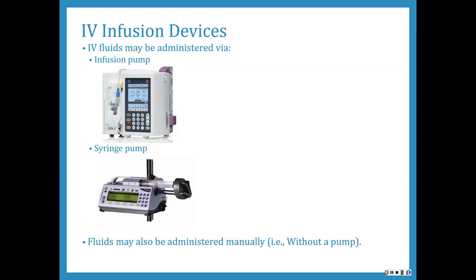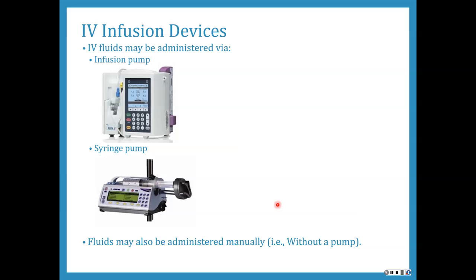The bottom is an example of a syringe pump, and we use this in the nursery all the time when we give amp and gent for a baby that's got an infection. So it's used for a smaller amount of fluid, and so what you can do is ensure more accuracy, and the medication comes in a syringe like this, and then the syringe goes into this device, and we would give that with a syringe pump.